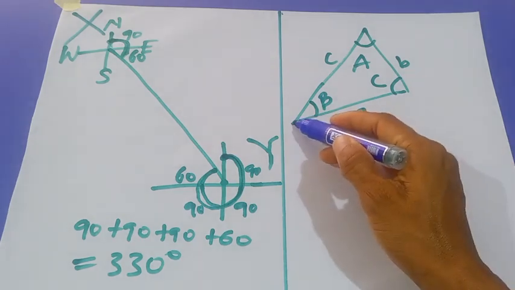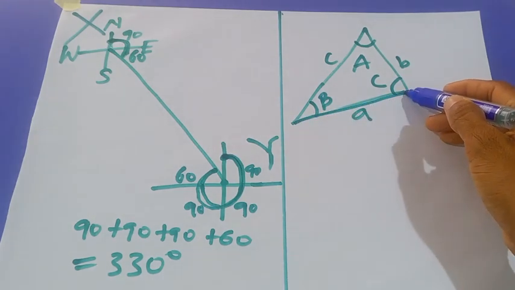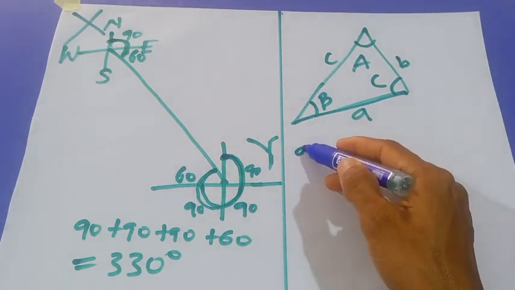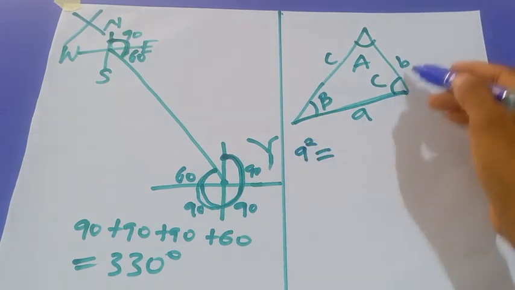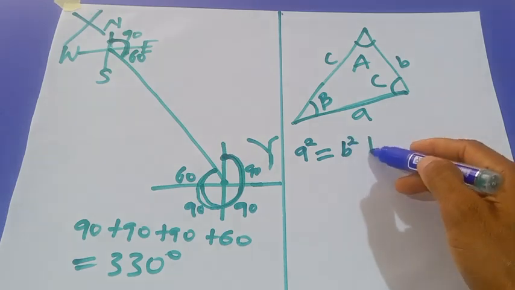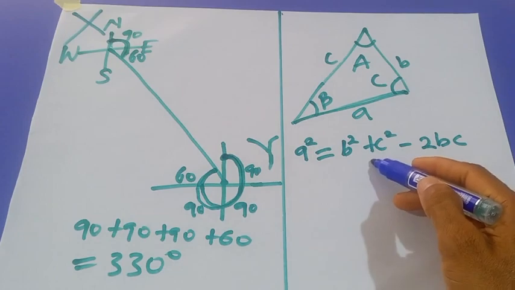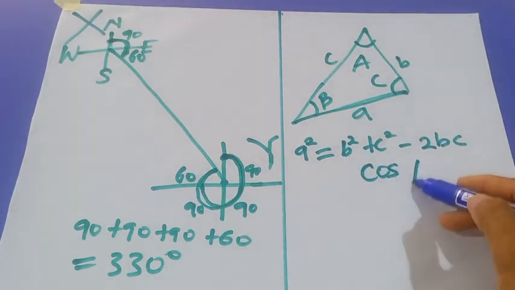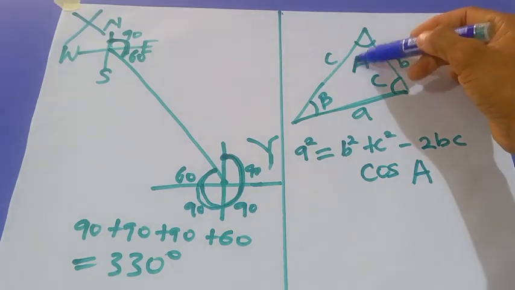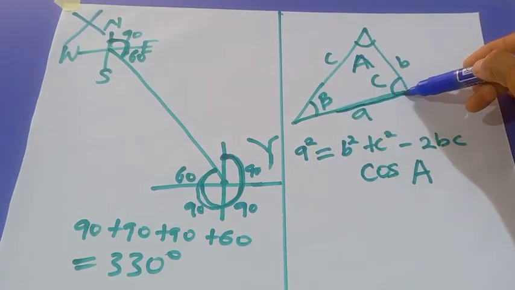Remember, cosine rule is this. If you want to get the side, you use cosine rule that A squared is equal to B squared plus C squared minus 2BC cos A. That's this angle, because you are looking for this side.